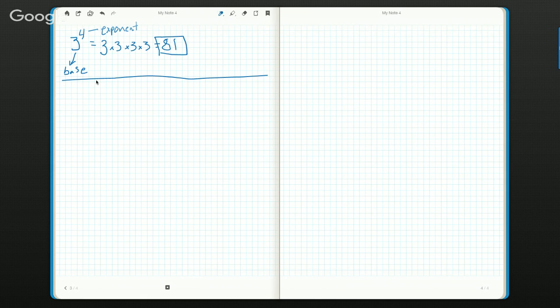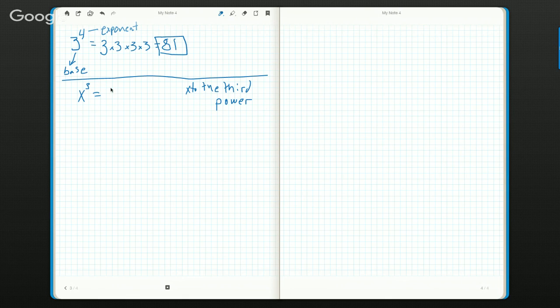Similarly, we can use exponents with variables, and well, let's use a different one. Let's just say x cubed. So x to the 3rd power, that's how we say it.